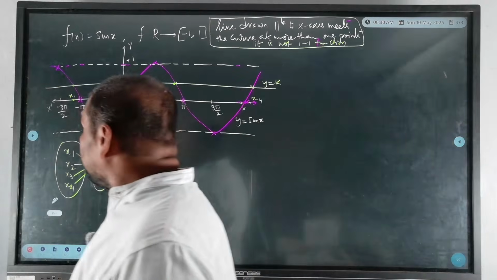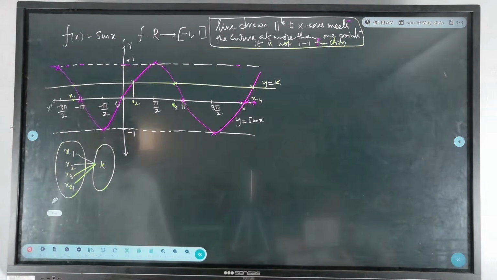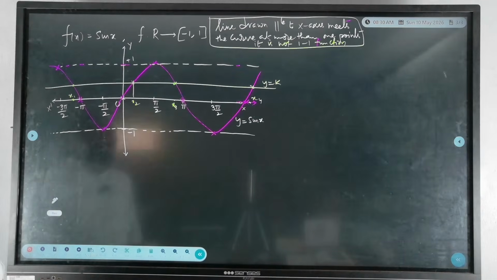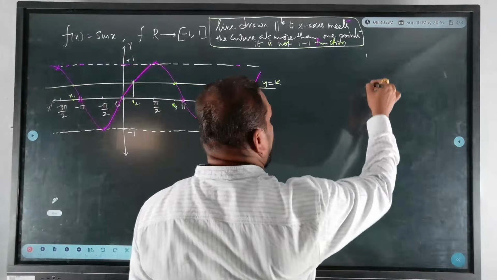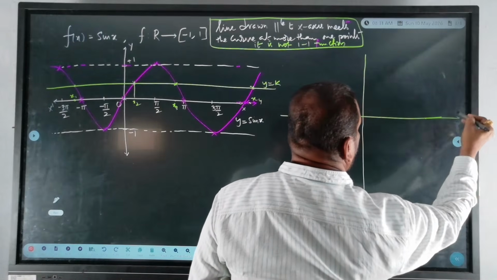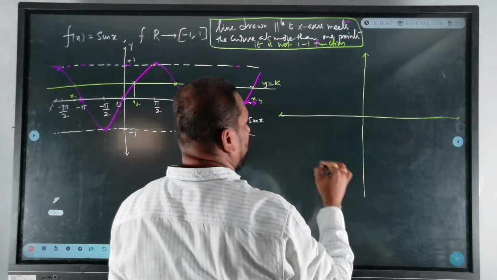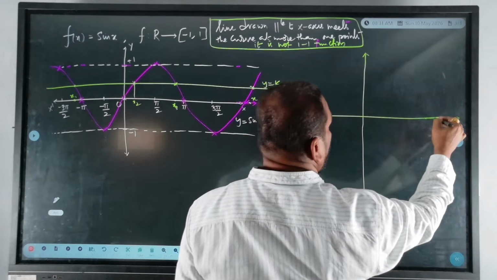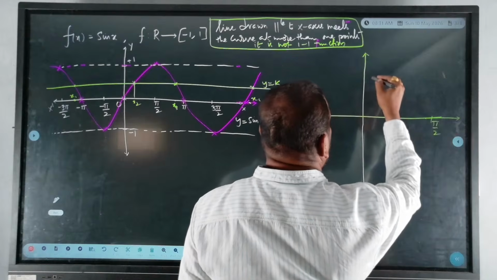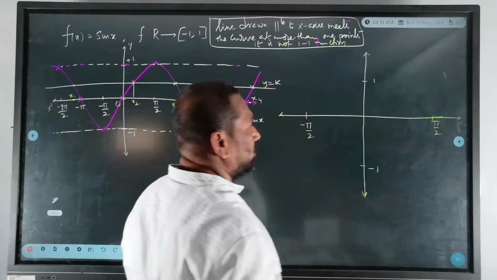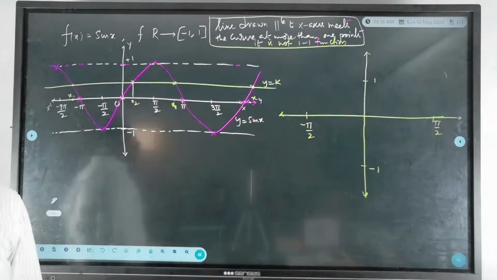Right. So if we restrict this graph, okay.